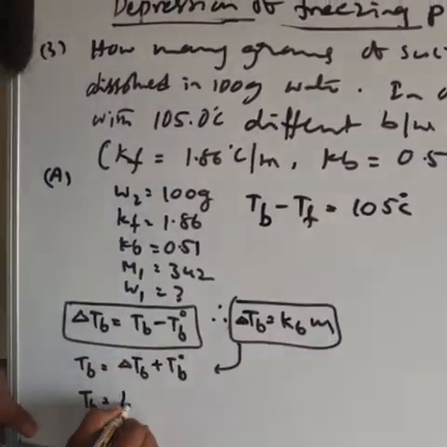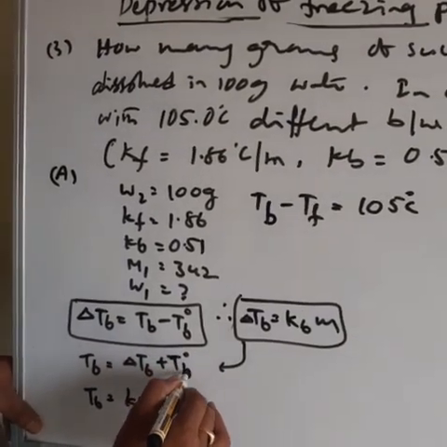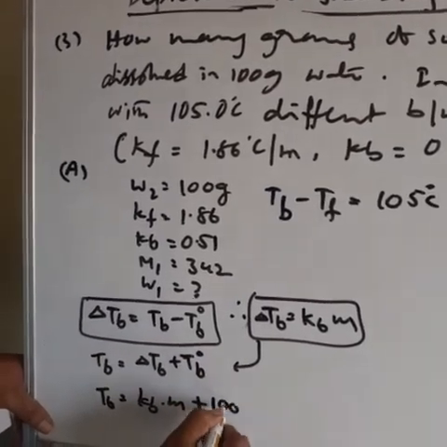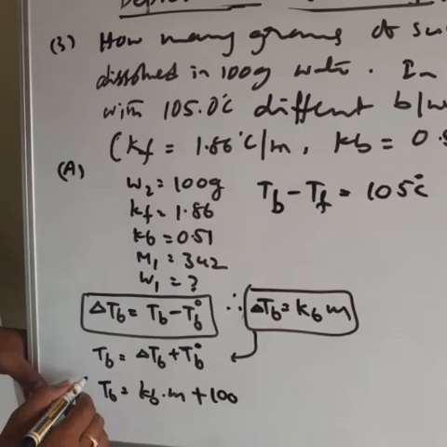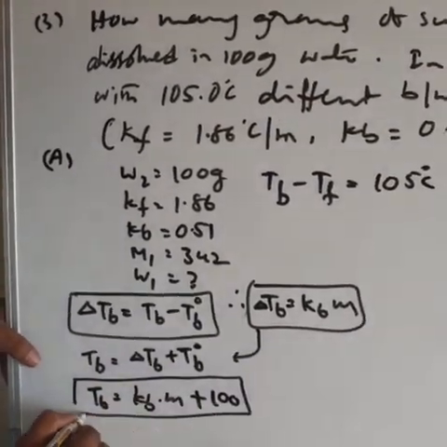Delta TB is equal to KB into M plus T naught B, the boiling point of pure solvent water, 100 Celsius degrees. So this is equation 1, TB value.